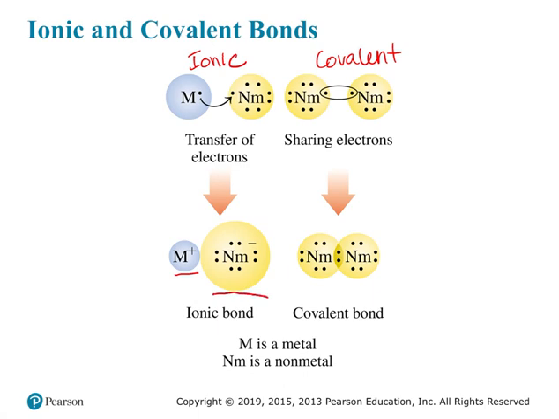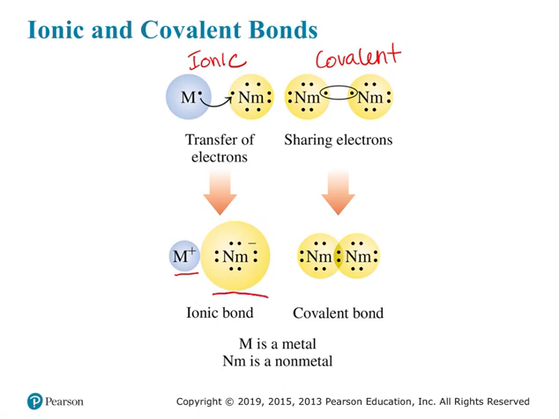Remember, the metal atom is losing an electron, which has a negative charge. So what we end up with at the end is an excess of protons. So the number of protons no longer equals the number of electrons. We have one less negative charge, which means we have an overall positive charge.